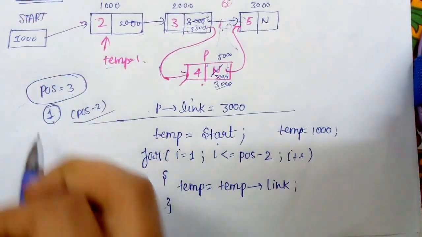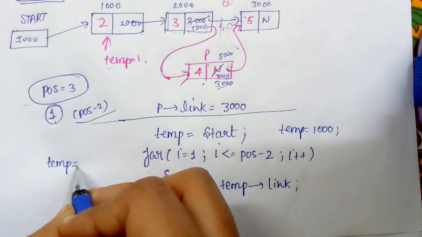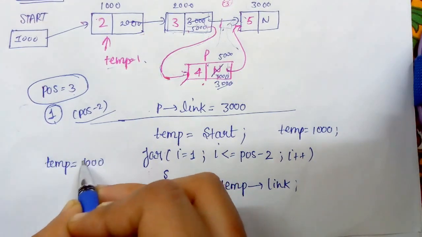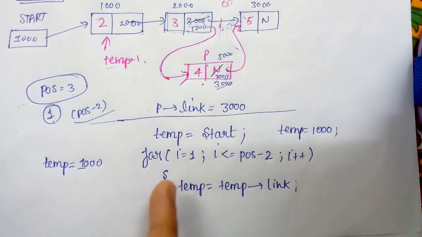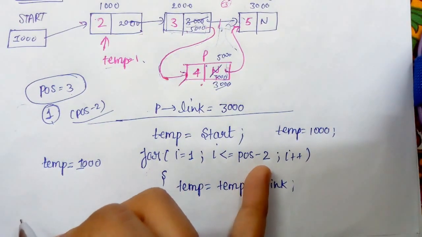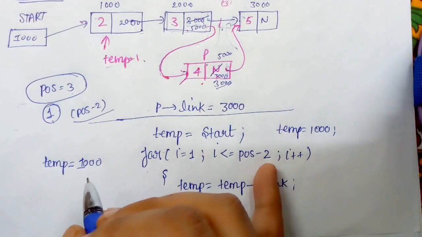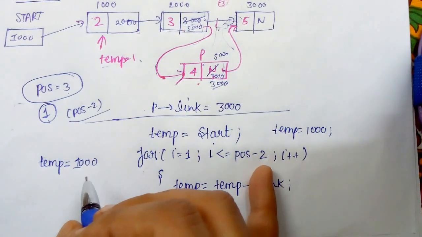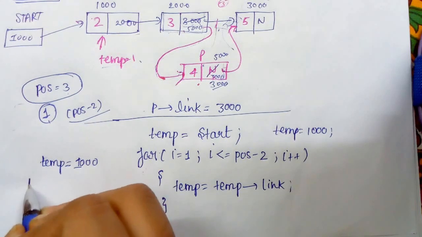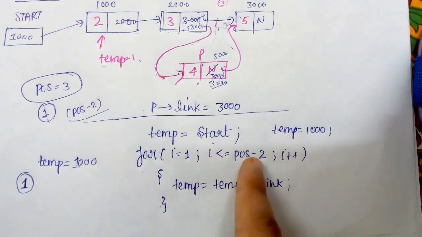I am starting temp from start, that is temp is equal to 1000. Now i is equal to 1. Yes, i is less than or equal to position minus 2, that is 3 minus 2, and that value is 1. So it will go for the first iteration.